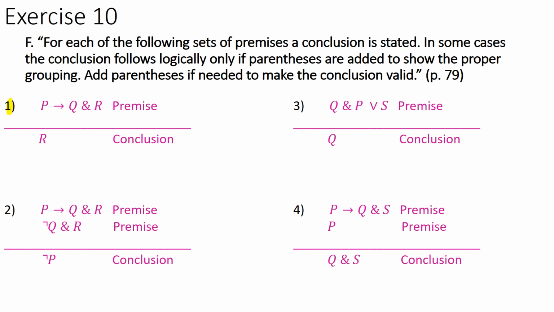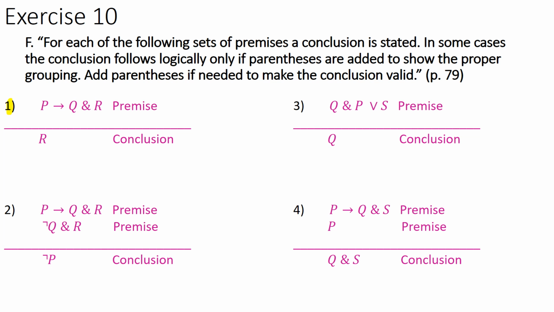So implicitly, you can think of the parentheses as right here, because it is a conditional, if P, then Q and R. The dominant sentential connective is the if-then, but there's no way to derive the conclusion R validly from a conditional. So what's going to happen is we're going to have to make this a conjunction.